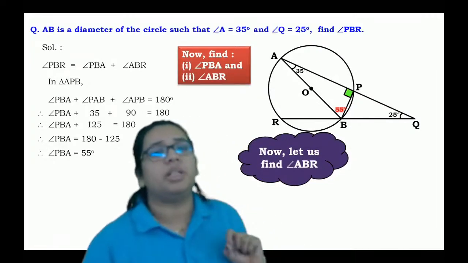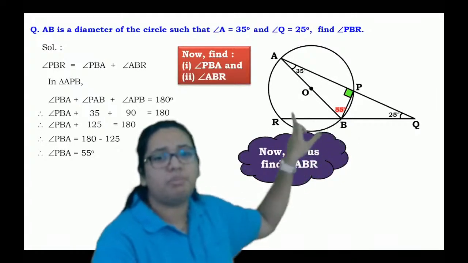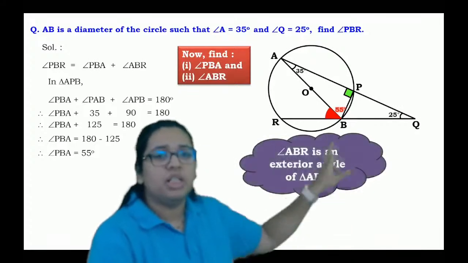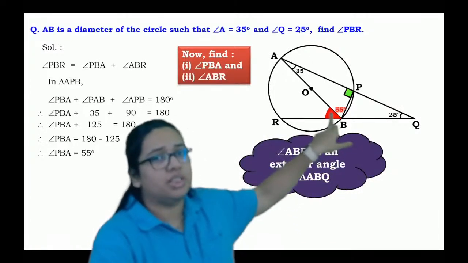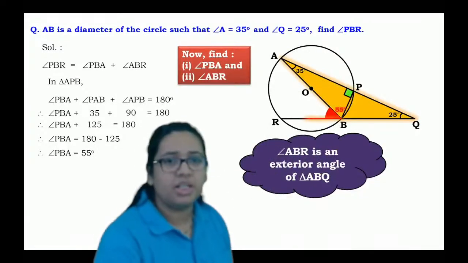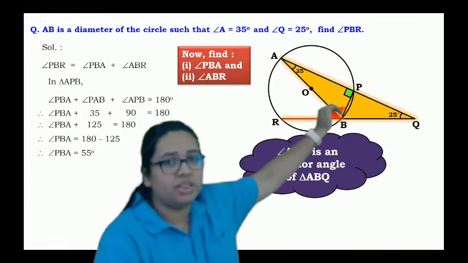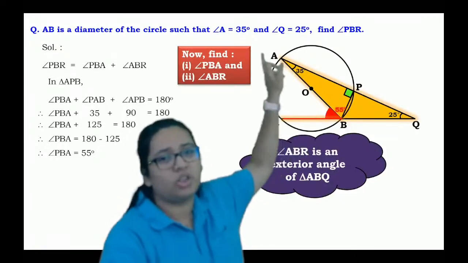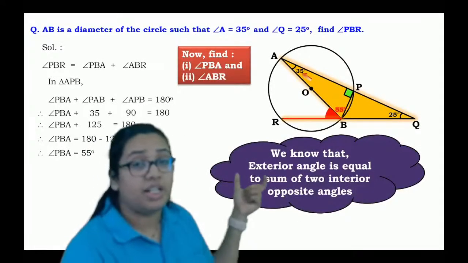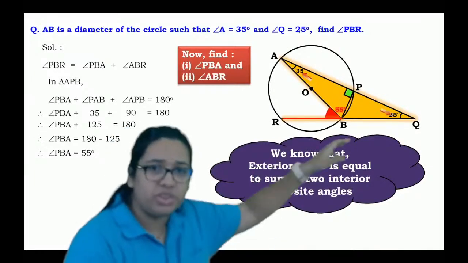Okay. Now the only remaining part is to find the value of ABR. For that, you can do it easily, because the measure of angle ABR is an exterior angle of the triangle APQ. And we know that an exterior angle is equal to the sum of the two interior opposite angles.